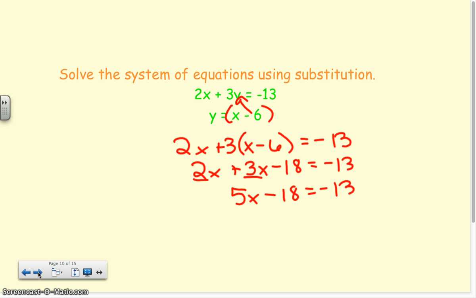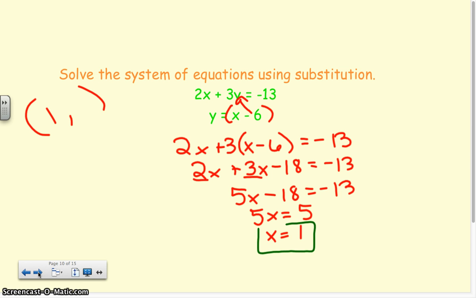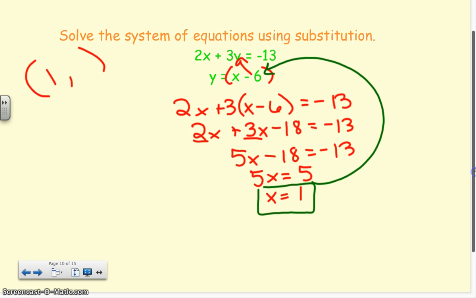Add 18, 5x equals 5, x is 1. Now I need to find my y. I box this off. It goes up to where I started, and I get y is equal to 1 minus 6, which is equal to a negative 5. So my point of intersection of these two lines would be the point 1, negative 5.